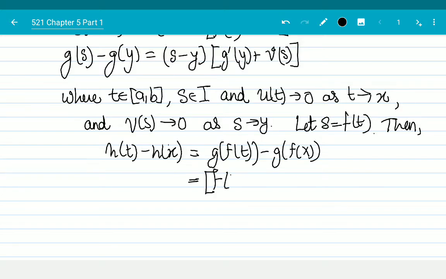f of t minus f of x multiplied by g prime of f of t plus v of s, not minus, plus v of s.